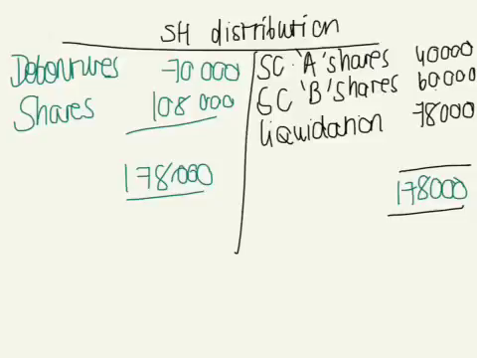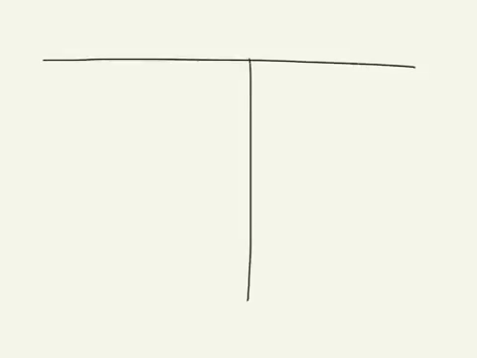The last account that we need to draw up is the liquidators cash account, basically where we record the movement of cash as part of the liquidation process. So let's draw up the T account for the liquidators cash account.